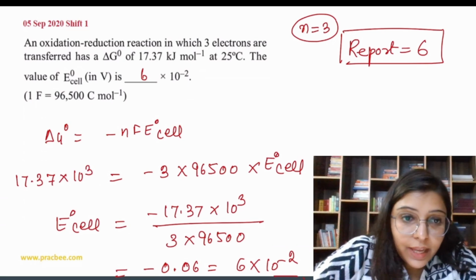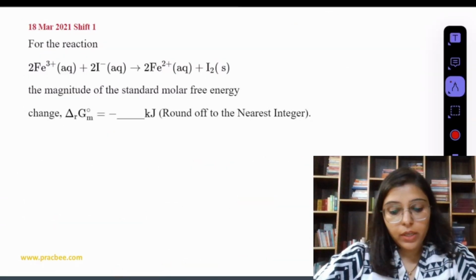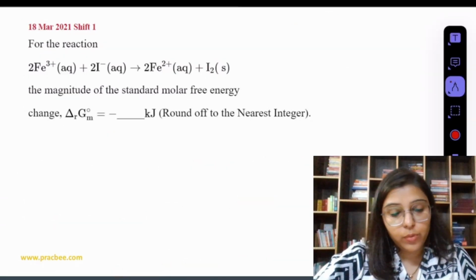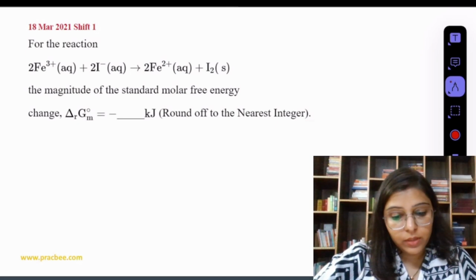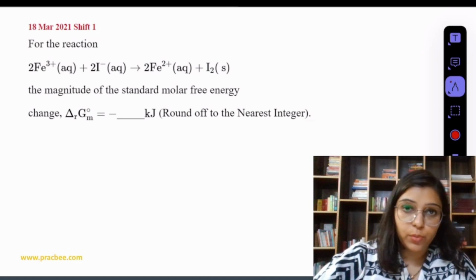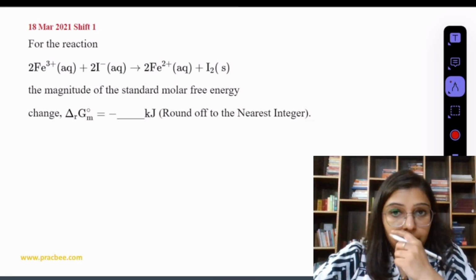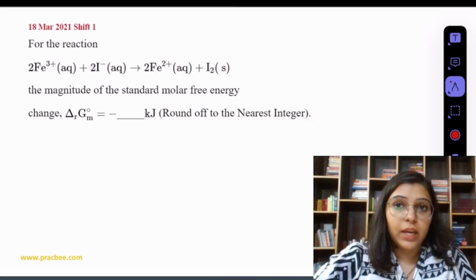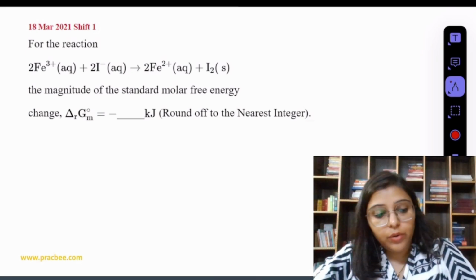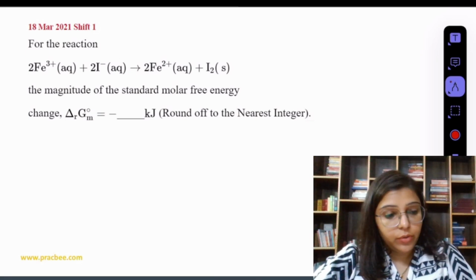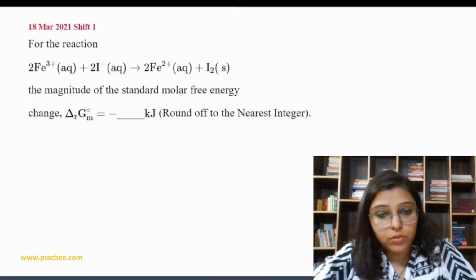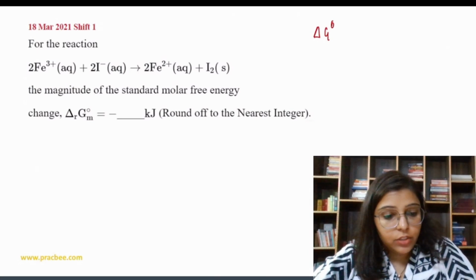Now let's do the next question. For the reaction 2Fe3 plus aqueous plus 2I minus aqueous gives 2Fe2 plus aqueous plus I2 solid, find the magnitude of the standard molar free energy change. How to do this question? In order to do this question, we have to use this formula only: delta G naught is equal to minus NF E naught cell.